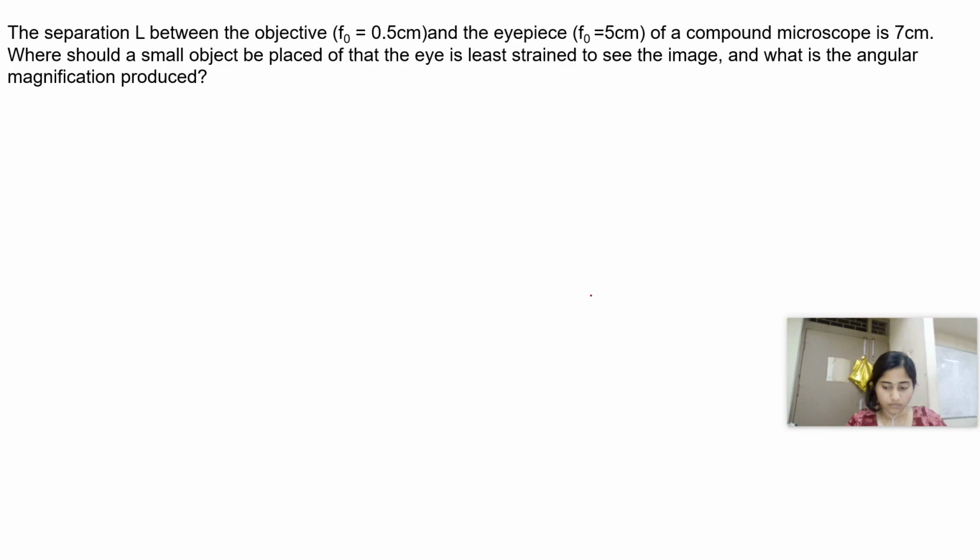This problem: the separation length L between the objective and the eyepiece of a compound microscope is 7 centimeter. Where should a small object be placed so that the eye is least strained to see the image, and what is the angular magnification produced?